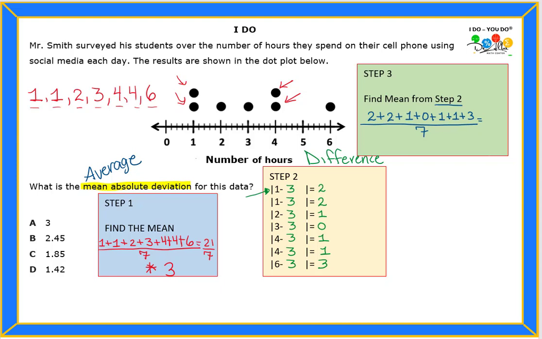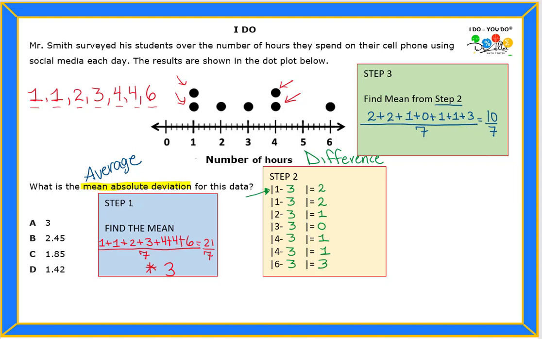Do you see why the 0 is needed? Okay, very good. So what we're going to do next is add up all those numbers, and then, of course, we will divide by 7. Okay, so we have 2 plus 2 plus 1 plus 1 plus 1 plus 3. Is that right? So we have 10 over 7, right?